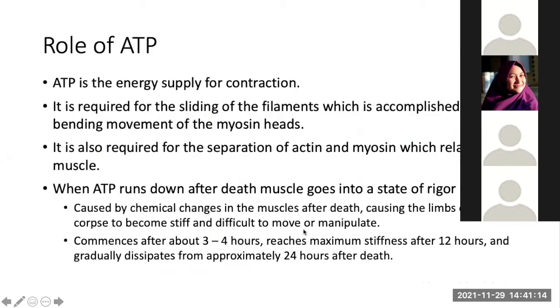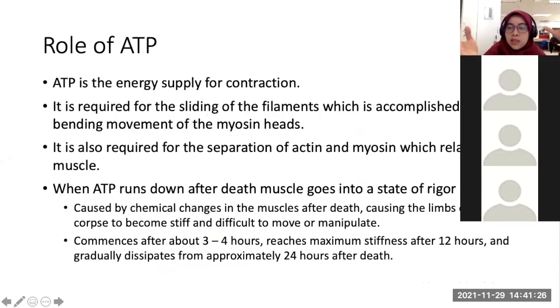Again, ATP is required for the sliding filaments to occur. It's also required for the separation of actin and myosin so that our muscle is not in a fatigue condition. When ATP is bound, remember, it will cause the detachment of the myosin head from actin. So it will prevent the muscle from staying in a contracted state for a long time.